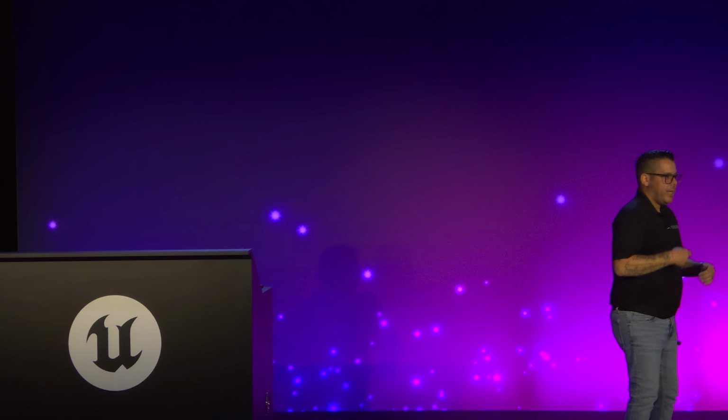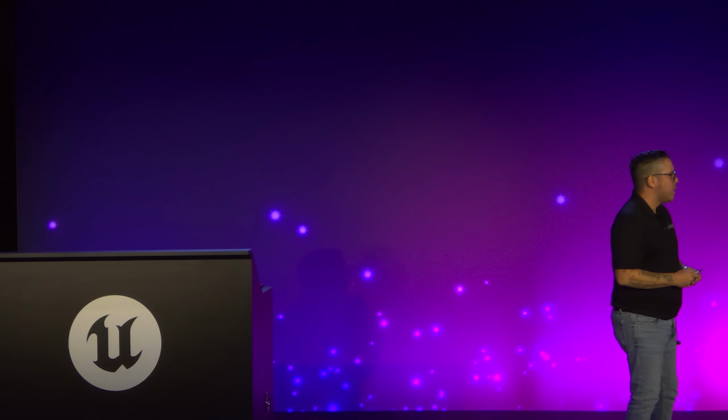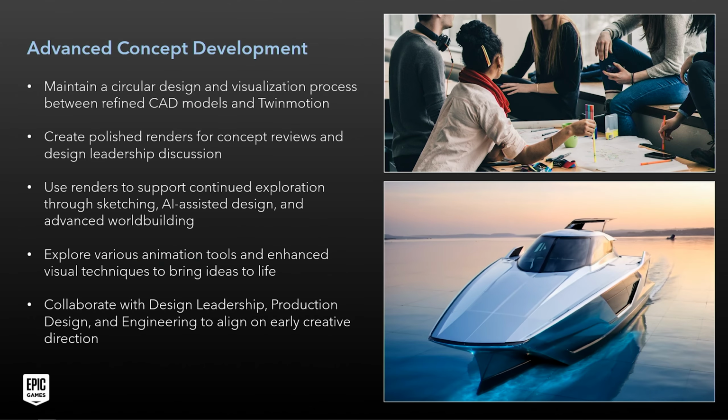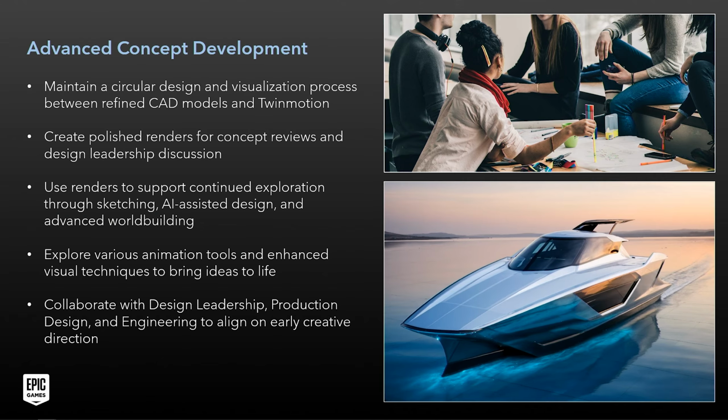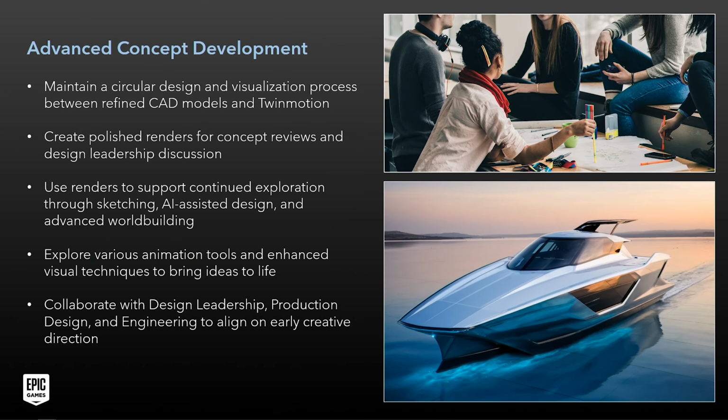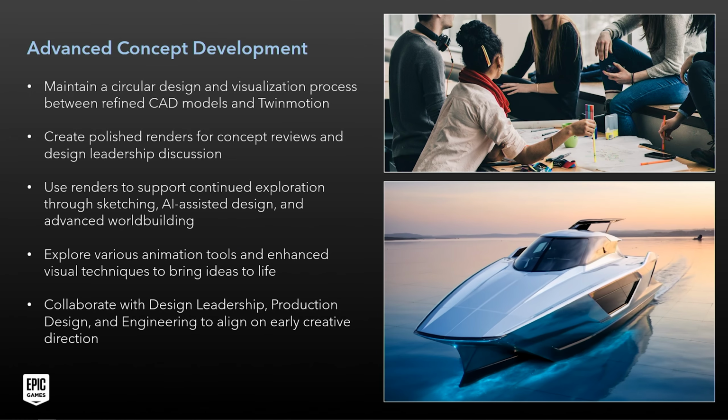So as this evolves and as it matures, then you start getting into the more refined versions of presentation, right? So in this stage, we're still going through the circular process. Twinmotion is still very much a part of the design process, but maybe now its role is changing a little bit.